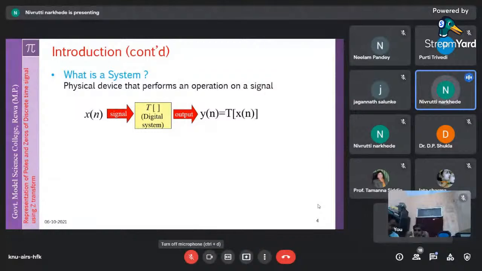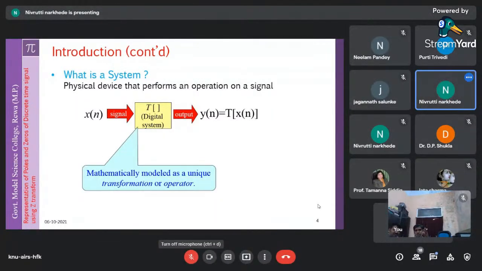Suppose this is the example. x[n] is one of the discrete time signals. This T we define as a system. When this x[n] goes through this system under some mathematical operations, some software operations, it yields an output. That output is defined as y[n], and T is the system, so y[n] = T{x[n]}. Mathematically, this system is modeled as a unique transformation or operator.